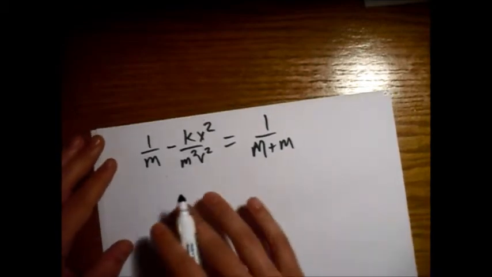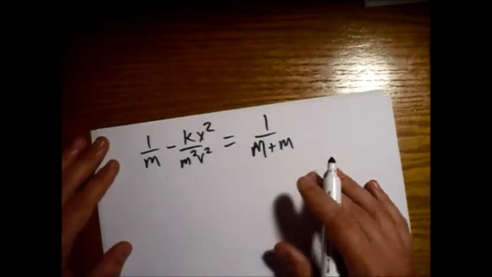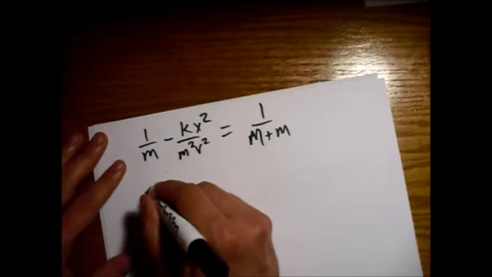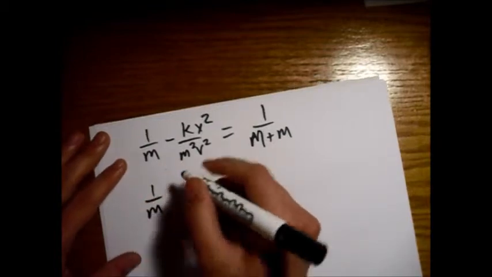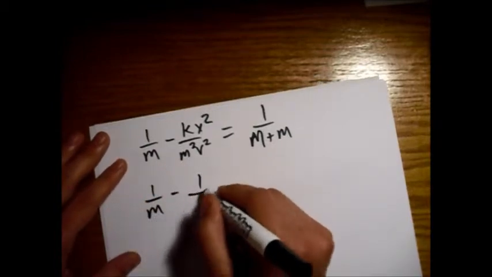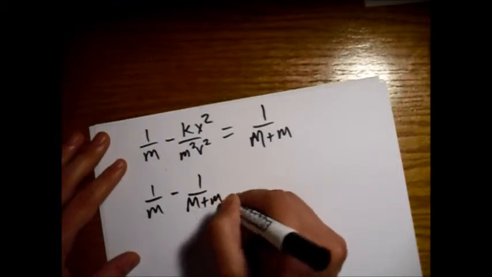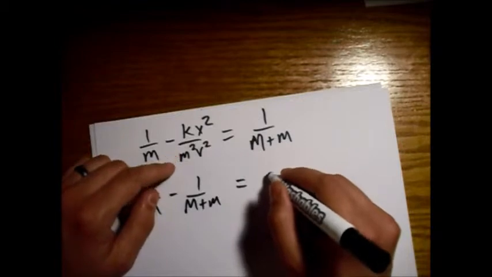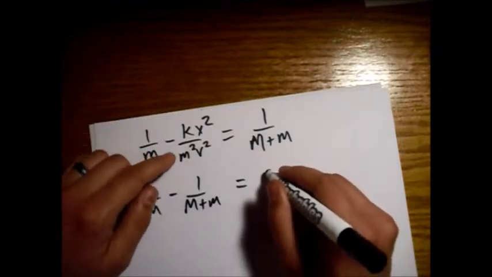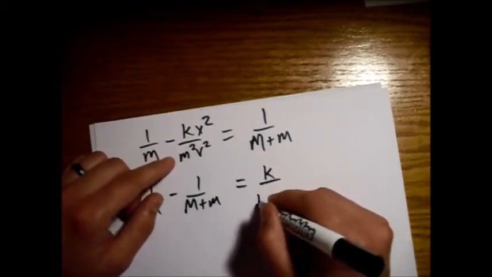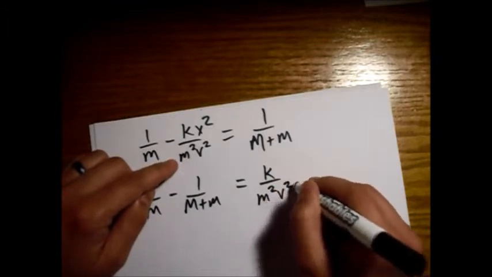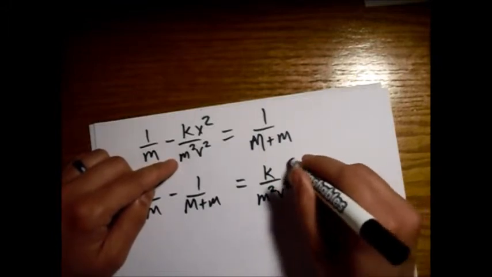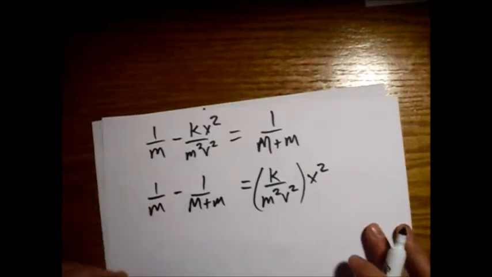Not the best at making the algebra all nice and pretty, but so now we have 1 over little m minus 1 over big M plus little m is equal to this term here, and separate the x squared out.